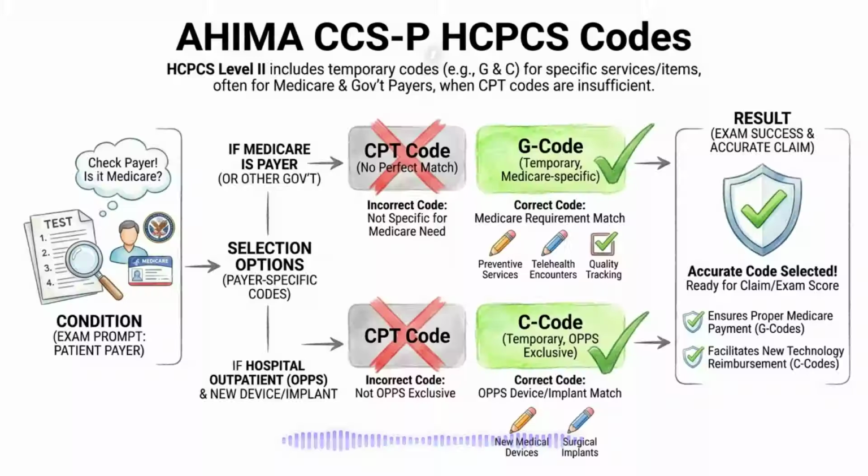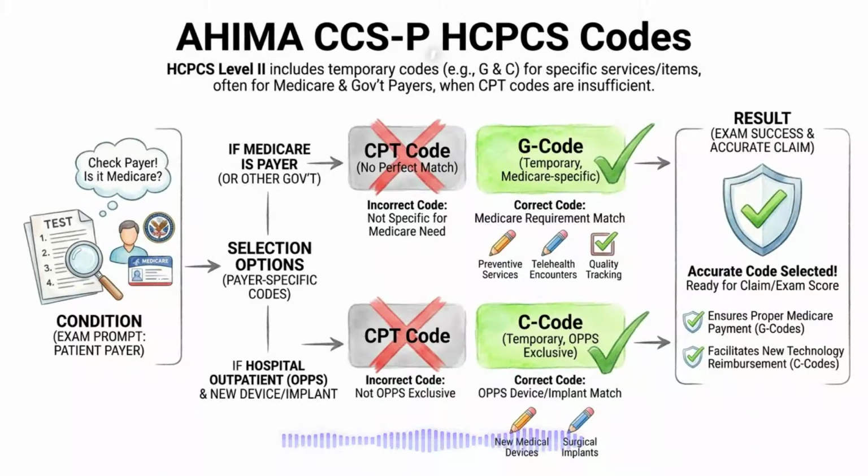HCPCS also contains temporary codes, such as G codes and C codes, which represent specific services required by Medicare and other government payers. G codes often report specialized preventive services, telehealth encounters, or quality tracking measures that do not have a perfect match in the CPT manual.